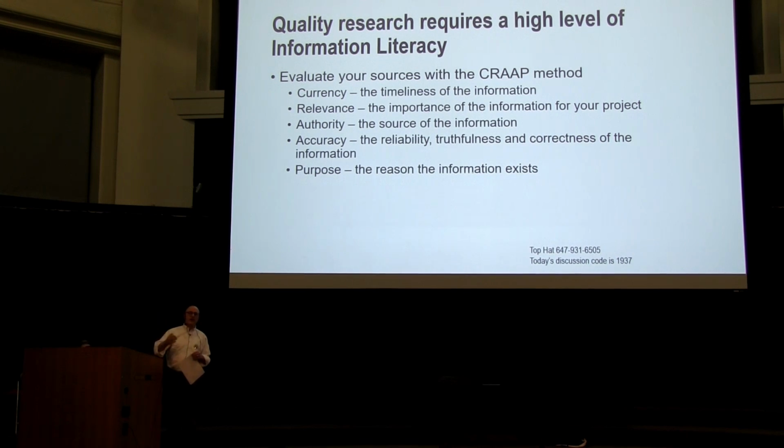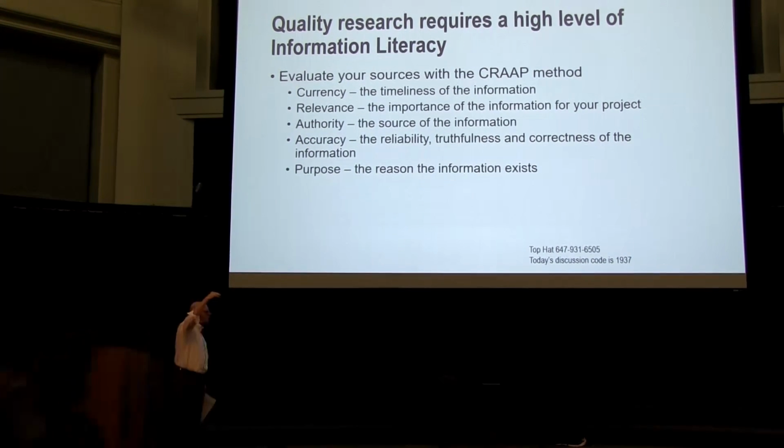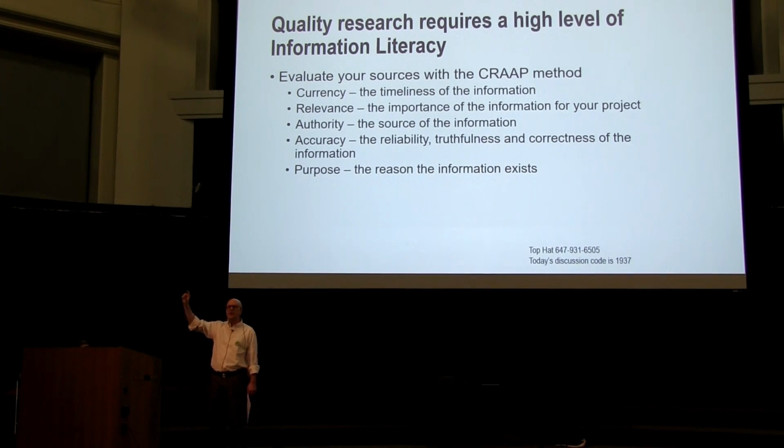Authority. Is it a real authority? Now, authority is not a yes-no. It's not a binary. There is no longer, in the world that we live in, a specific, unquestionable authority. Authority is contextual to the information that you're using.